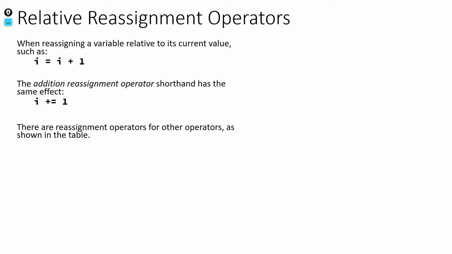So Python, as well as many other programming languages, has what are called relative reassignment operators, where these 2 lines are performing the exact same operation. So i is assigned i plus 1 can alternatively be written as i plus equals 1. They mean and do the exact same thing. You don't gain any new capabilities, but your code is a little bit shorter and sweeter, which is why this is called syntactic sugar.